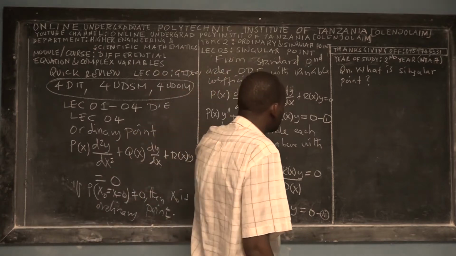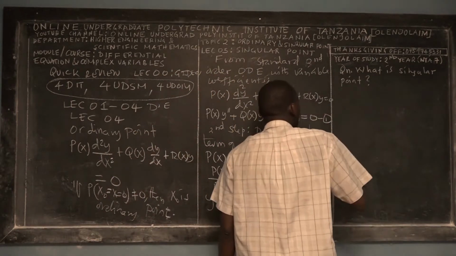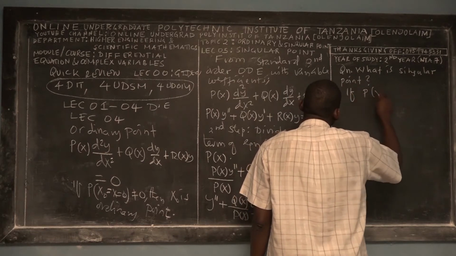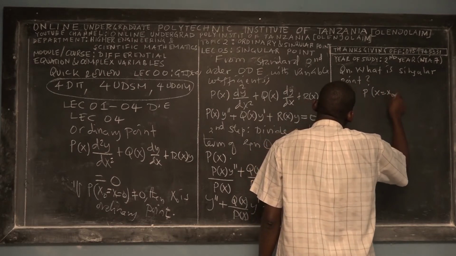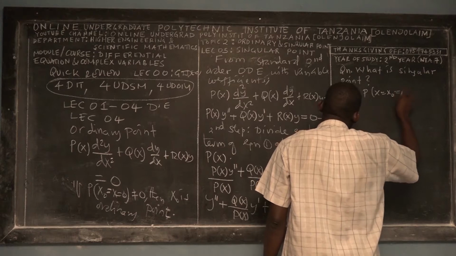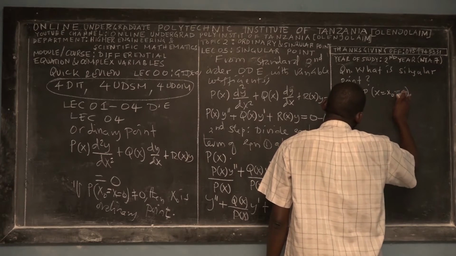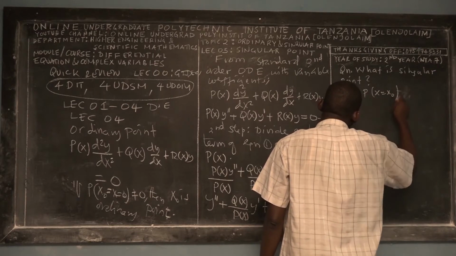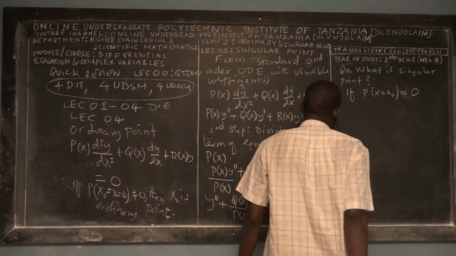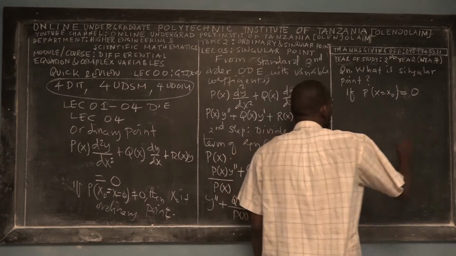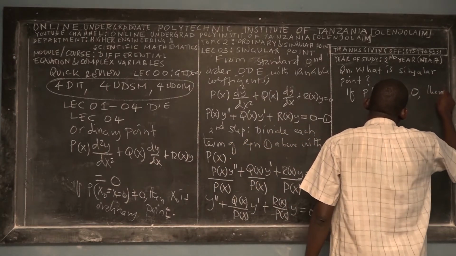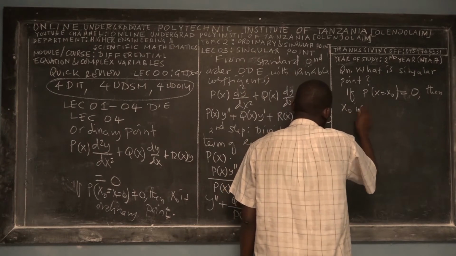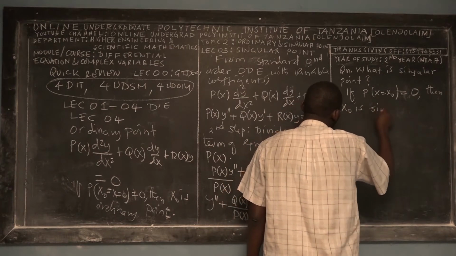Some of the years. So we say that a singular point: if P of x at x is equal to x naught is equal to 0, then x naught is a singular point.